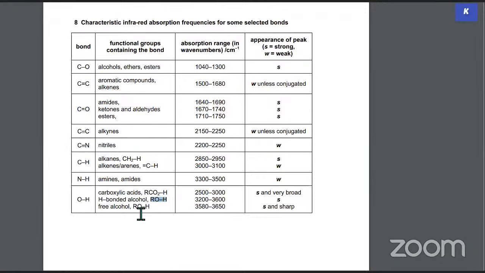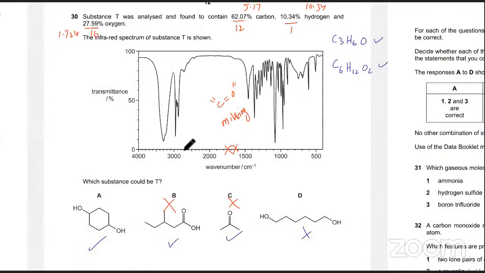The hydrogen bonded alcohols or the free alcohols resonate in the range 3200 to 3500. So you can see clearly that there is absorption happening between 3500 and 3200, somewhere along that point. So that must be the OH absorption. So always focus on C double bond O whenever you're doing infrared spectroscopy.